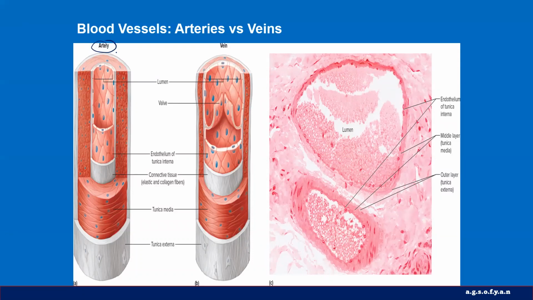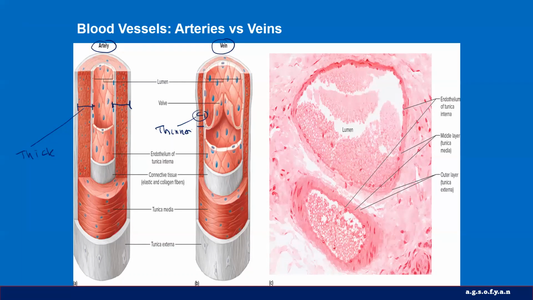So what does the structure look like? If you compare the artery and the vein, you see that the wall of the artery is thicker, compared to the wall of the vein, which is thinner. Okay, that's first.